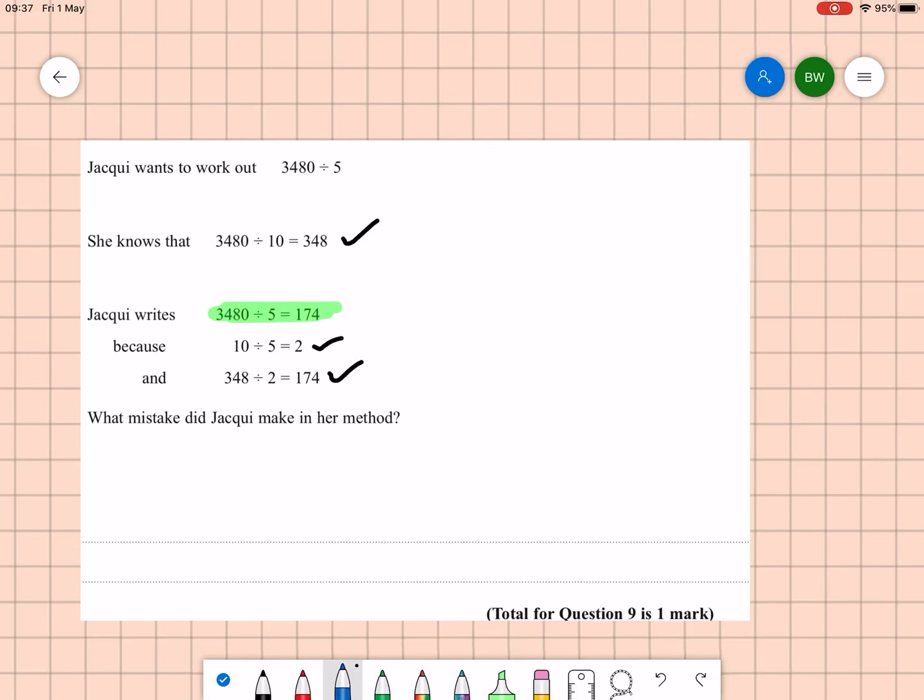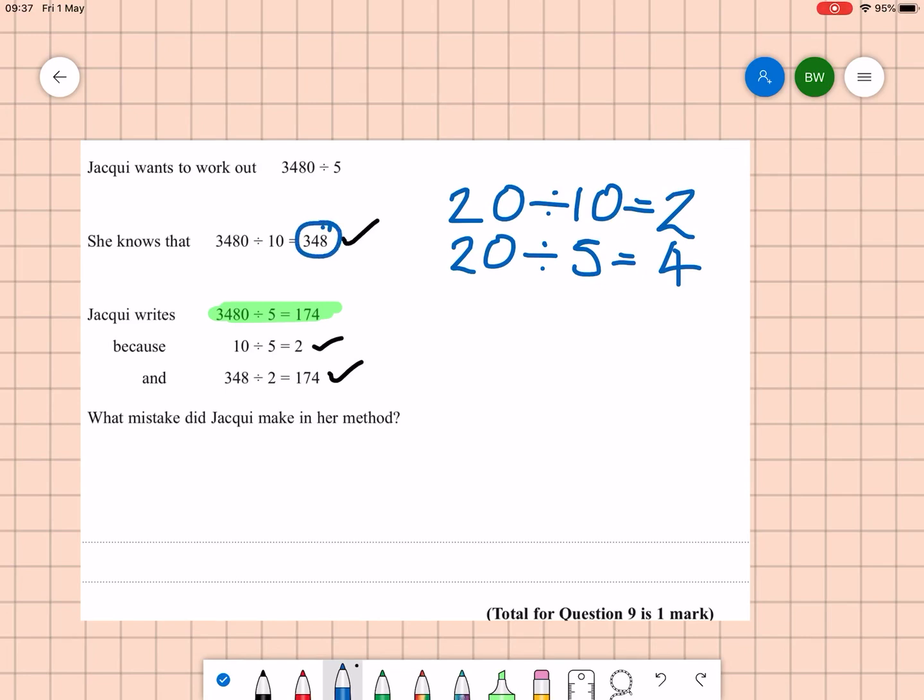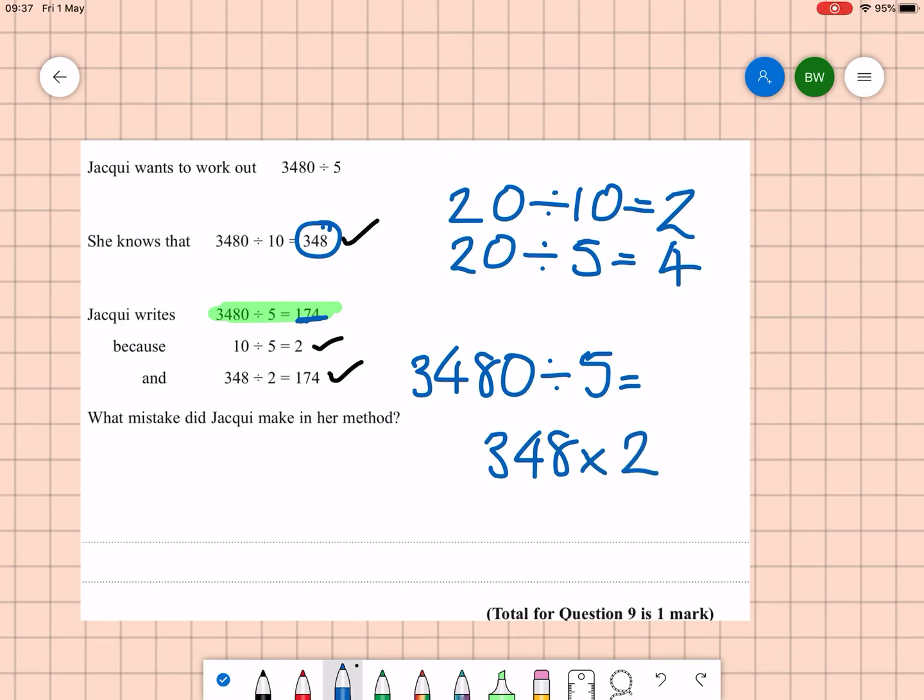Okay, so for example, let's use an easier example. If I've got 20 divided by 10, then my answer is 2. But 20 divided by 5, my answer is 4. It's bigger. What she's done, divided by 10 to get 348, but then when she's divided by 5, her answer's smaller. What she should have done to work out 3,480 divided by 5 is do the 348 multiplied by 2.